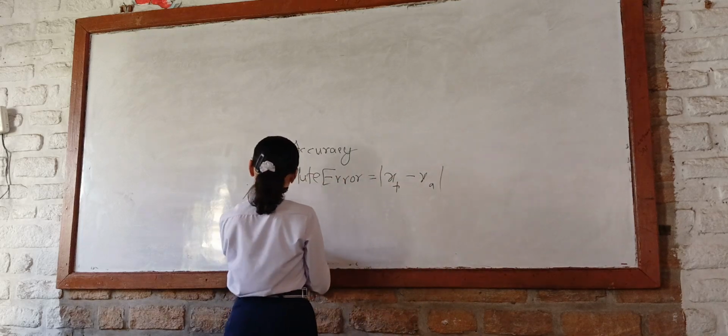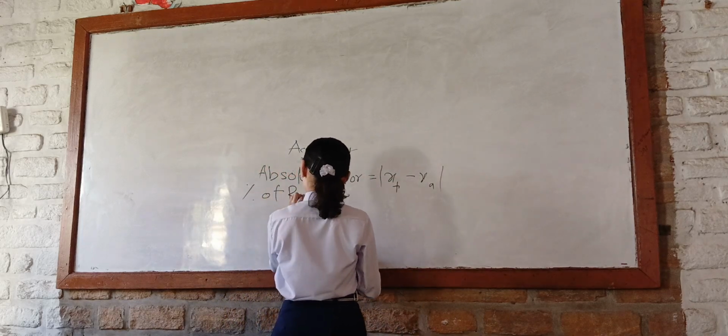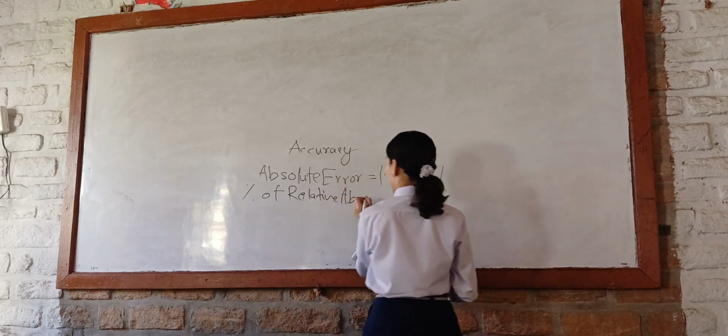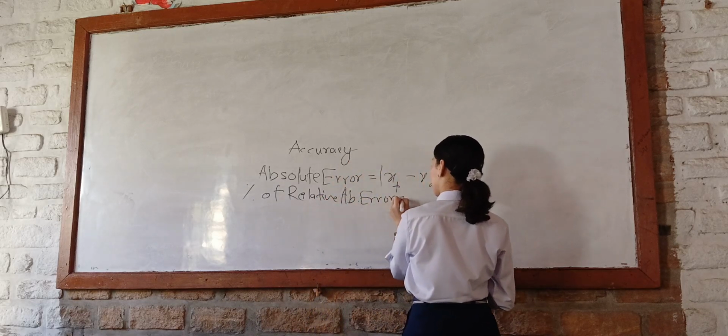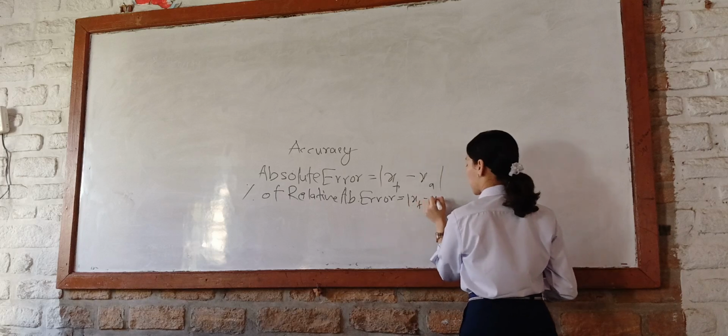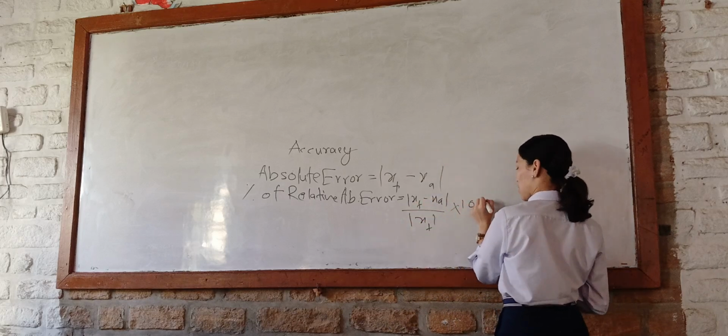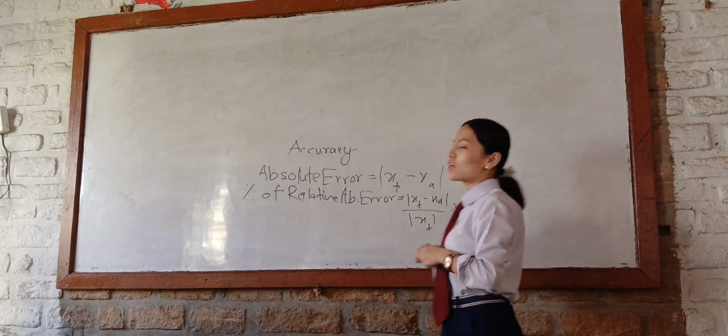Likewise, percentage of absolute error is (xt minus xa) divided by xt, times 100%.